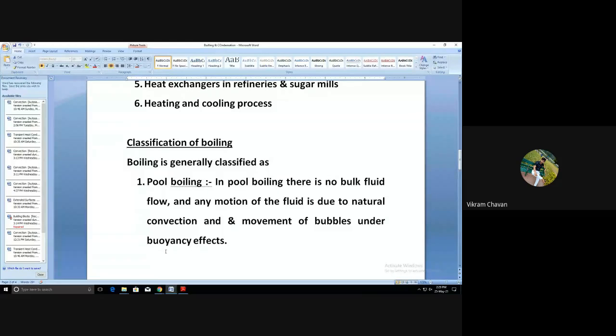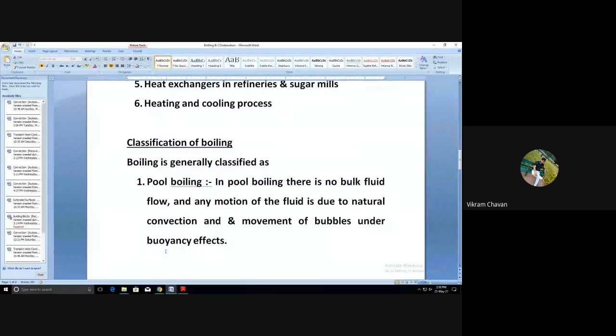Boiling is generally classified as first one, pool boiling.